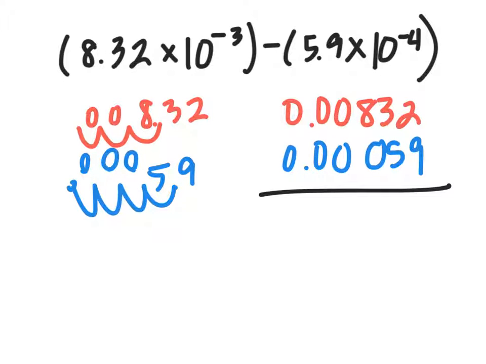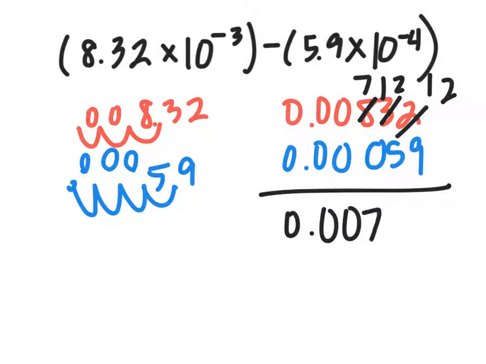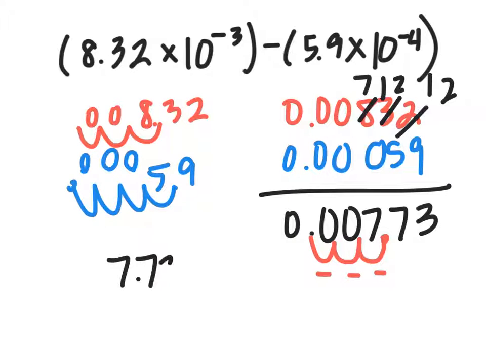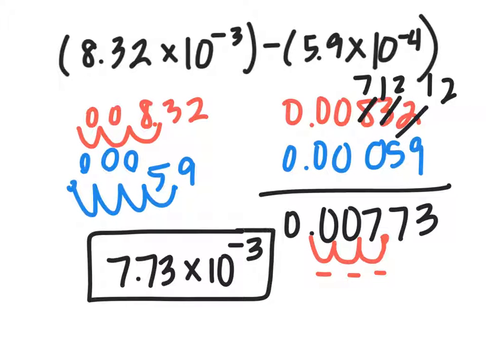And let's go ahead and subtract. And we'll get 0.00773. To get this number into scientific notation, we want the decimal at 7.73. Moving it from where it currently is, that would be 1, 2, 3 moves. So we'll get 7.73 times 10 to the negative third power, making it a negative to represent this very small number.